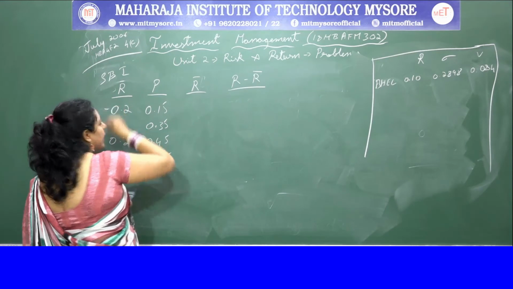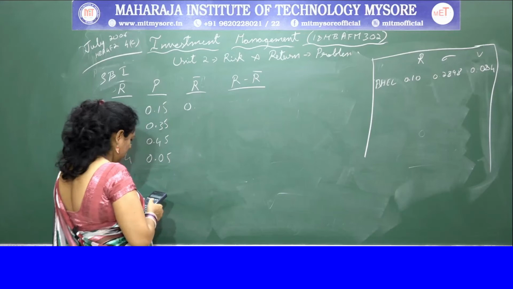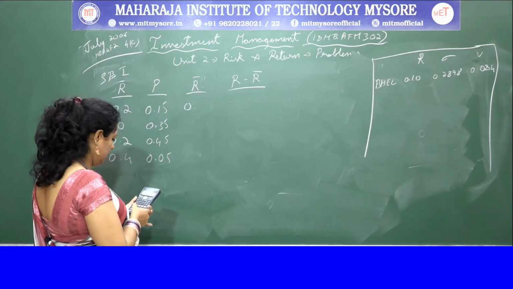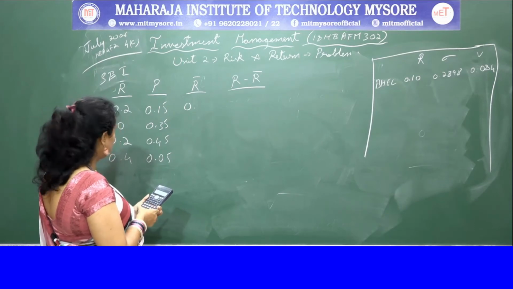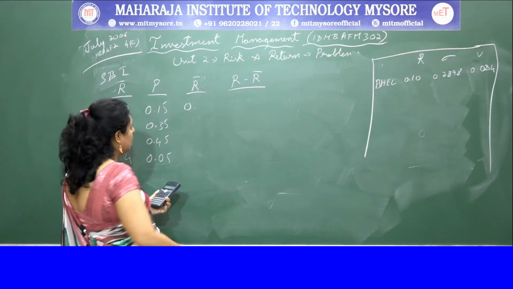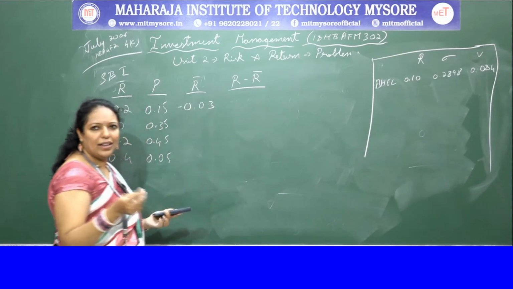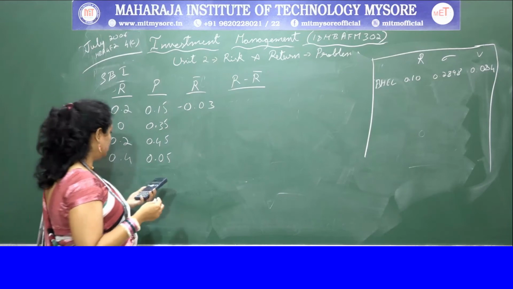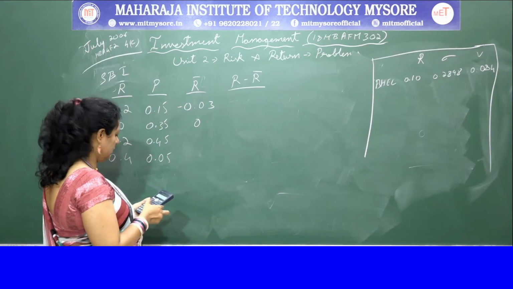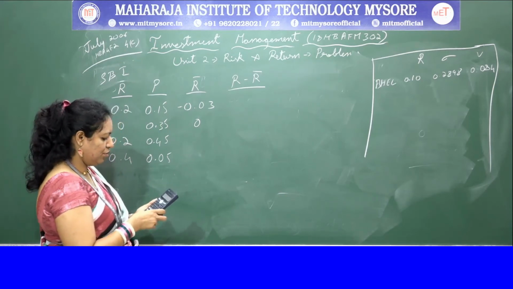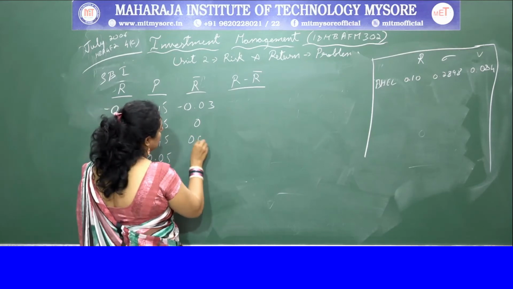So this is minus, keep in mind. So this is minus 0.03. Either you can put a bracket or a minus sign for savings. Okay, then everything multiplied to 0. Then 0.2 into 0.45, it is 0.09.